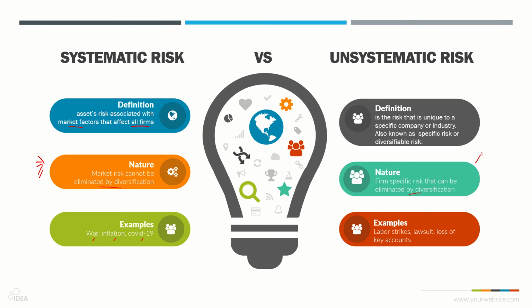Maksudnya kalau misalnya company A, kita invest company A, company B, company C, company D. Kemudian ada unsystematic risk yang affect this company A. Tapi since kita hold asset dalam BCD, so kita boleh kurangkan risiko tu, compare dengan kita hanya hold company A punya investment.